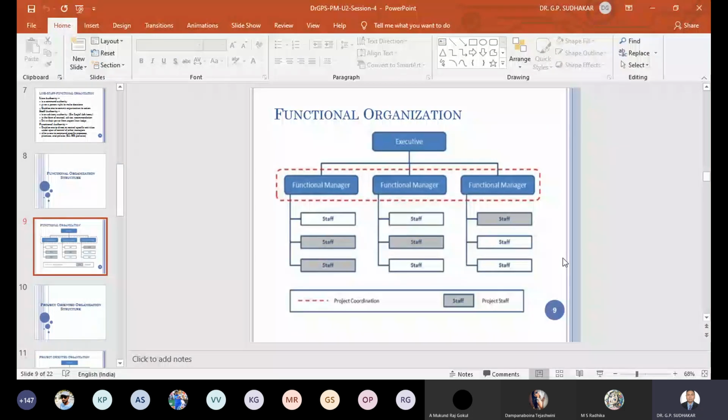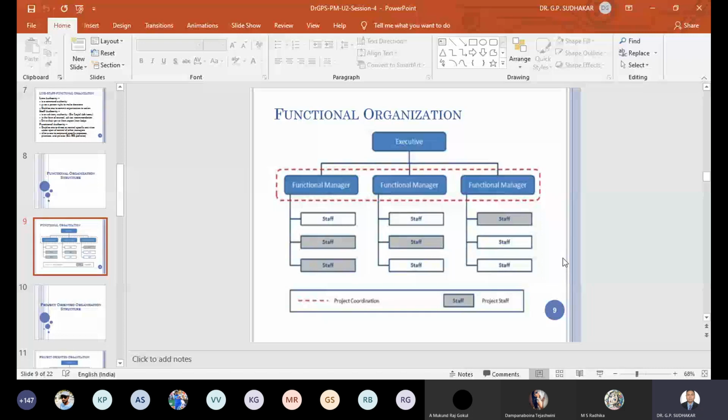Similarly, finance vice president or CFO, chief finance officer, under him the finance manager will be there. Under him, budget analyst or accounting assistant, right? So like that, under the finance manager different finance executives will be there. That is called functional organization structure.